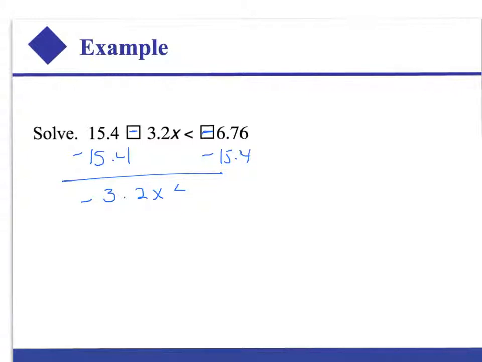So I'm going to take my calculator and punch that in. So I get negative 6.76 minus 15.4, which is negative 22.16, divided by, oops, not the x, divided by the negative 3.2.